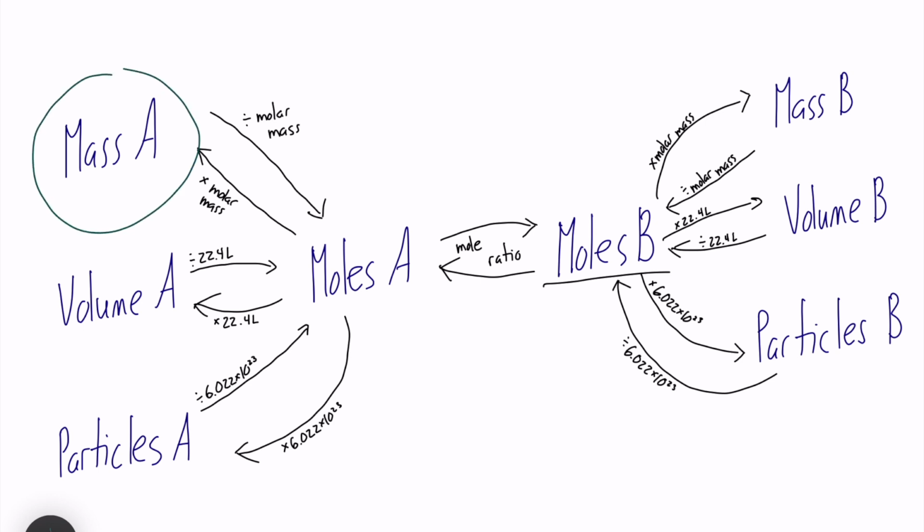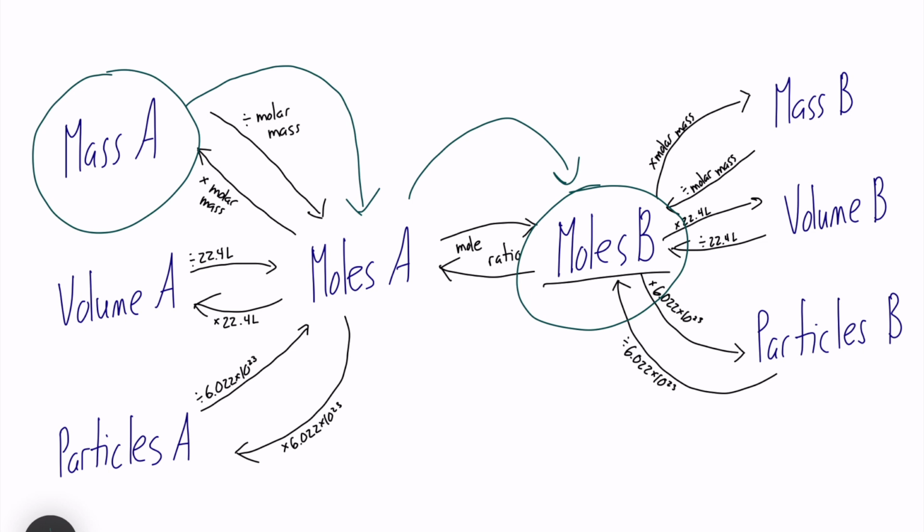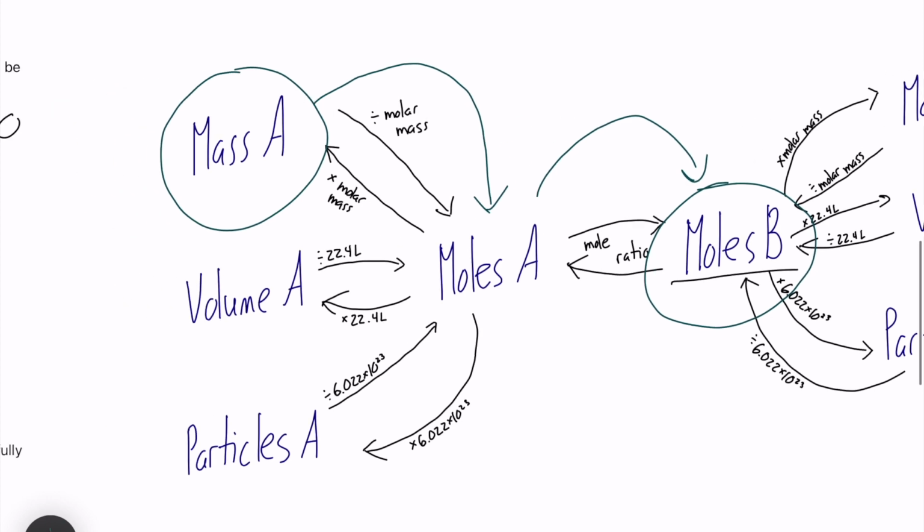So we're beginning at mass of A, and we are going to moles of sulfuric acid, which is our B substance. So we must go from mass of A to moles of A to moles of B. That is our conversion. Okay, so we're going to be doing two different calculations here. So let's go ahead and do that.